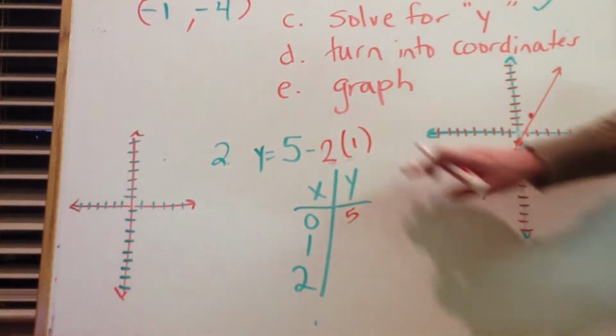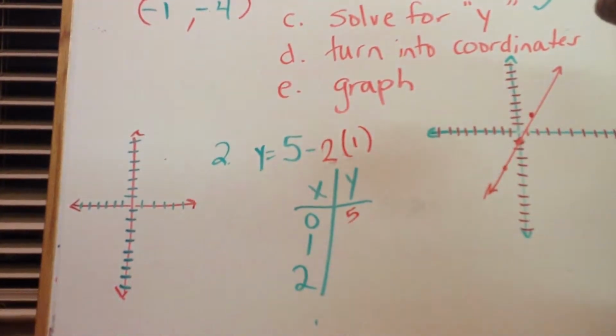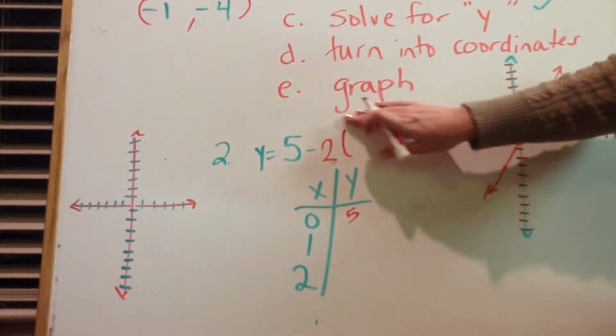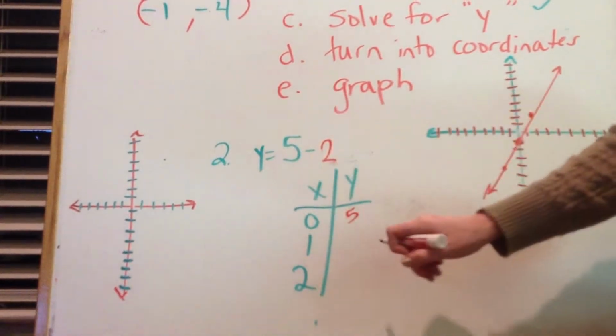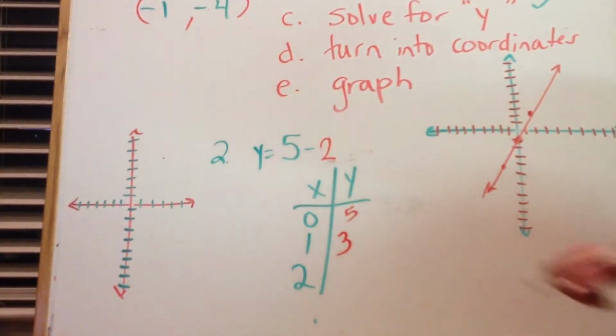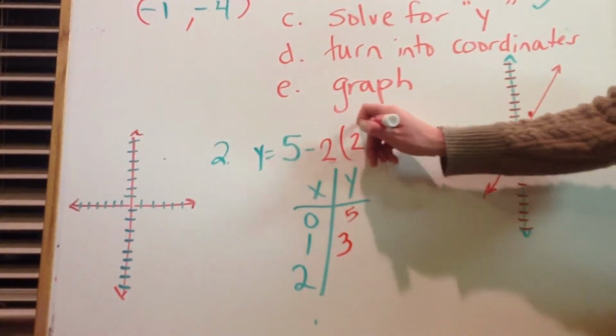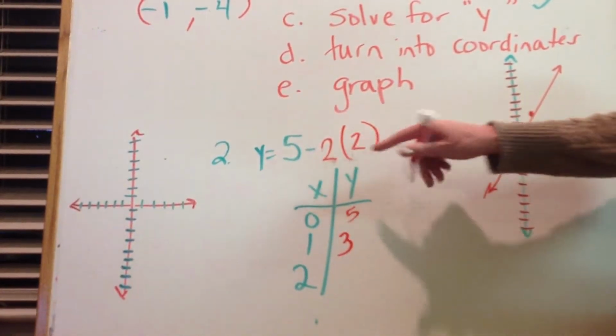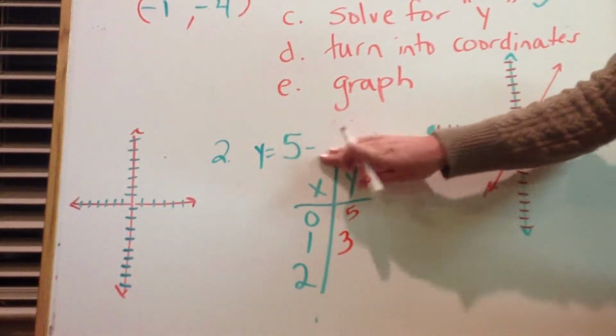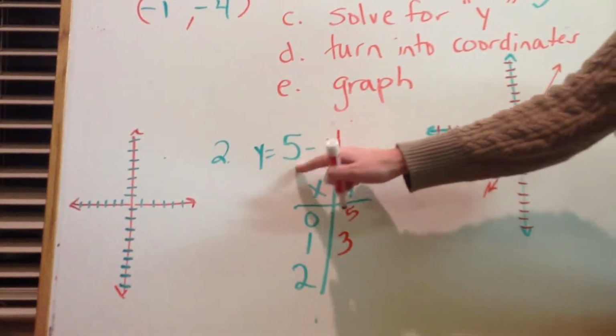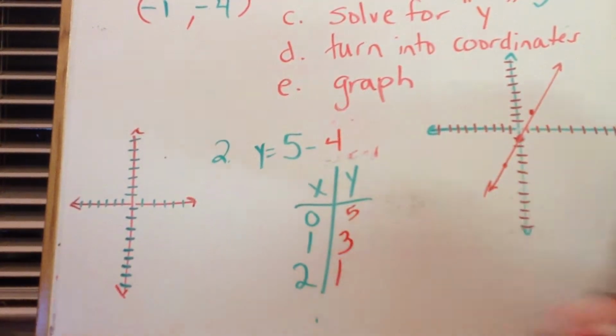Negative 2 times 1 makes a negative 2. And then 5 minus 2 is 3. And now we're going to replace it with a multiplying 2. Negative 2 times 2 is a negative 4. And 5 minus 4 is 1.